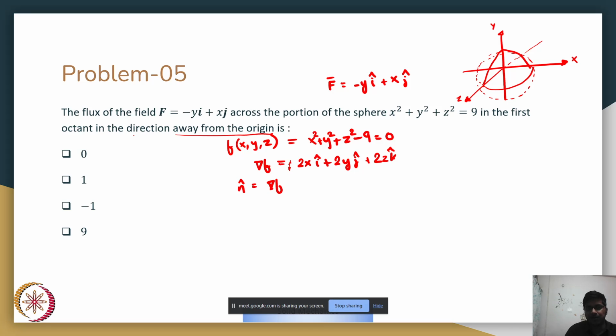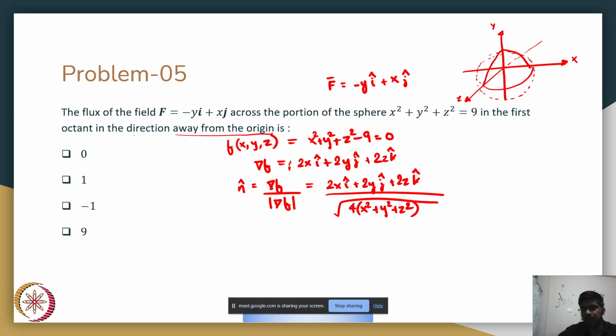If I want to look at the outward normal, it becomes grad f upon norm of grad f, which is nothing but 2x i hat plus 2y j hat plus 2z k hat upon root of 4 times x square plus y square plus z square. Since we are restricted to this particular surface sigma, we know that x square plus y square plus z square for this sigma is nothing but 9.